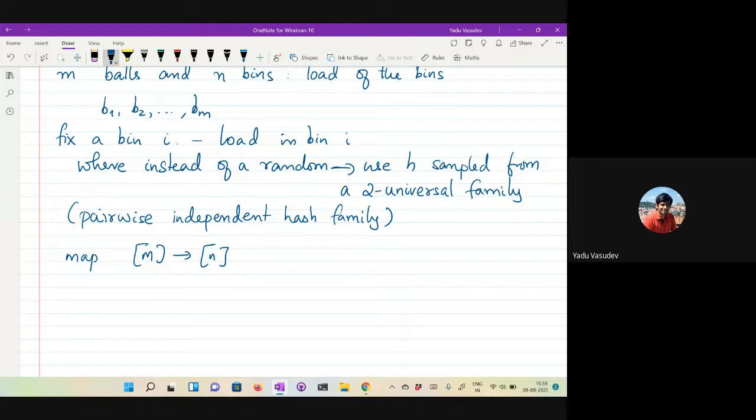The map is an h sampled uniformly at random from, say, a pairwise independent hash family. What can you say about the expected load, the expected number of elements which are mapped to a particular i?